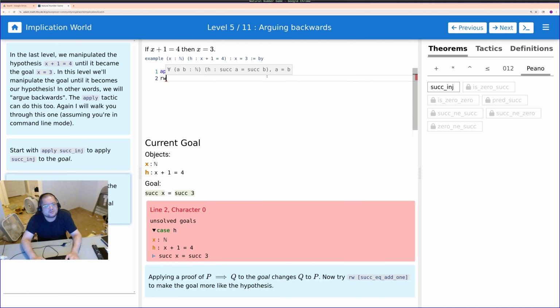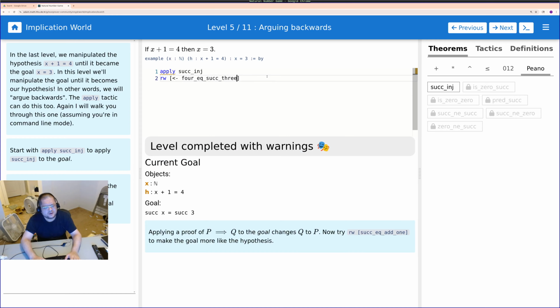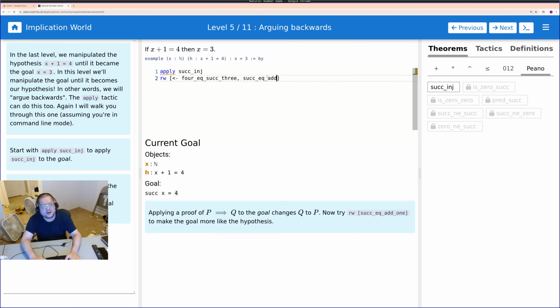Okay, now we're going to do rewrite 4 equals successor 3. We're also going to do rewrite of successor equals add 1.